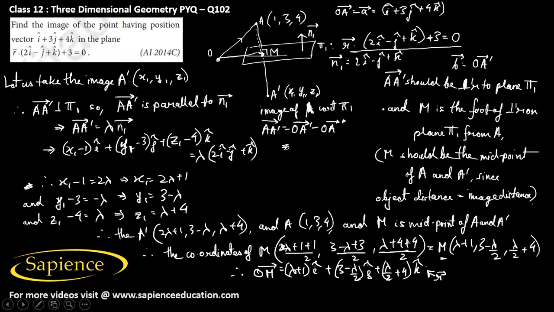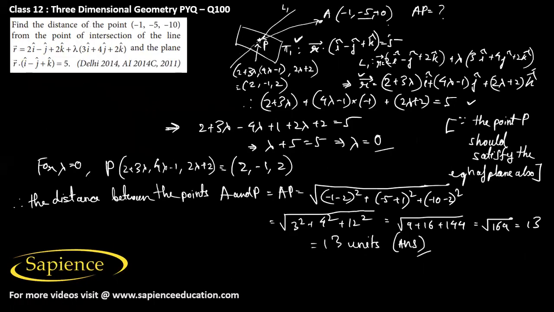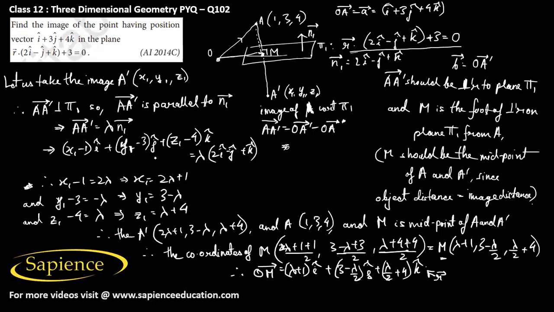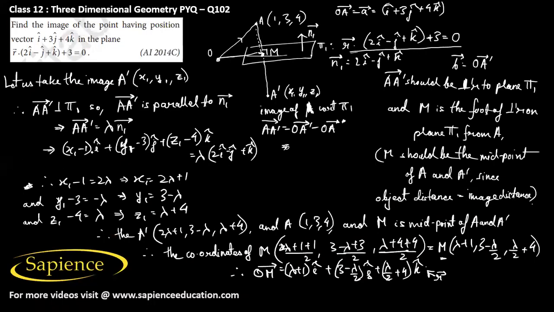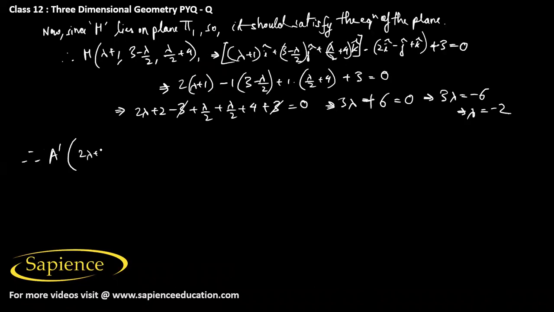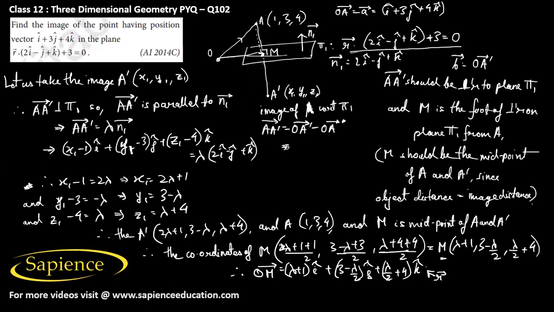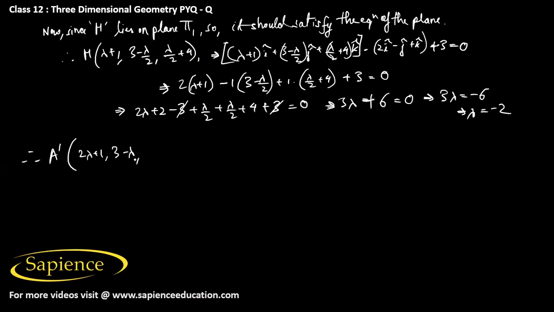Therefore, if we put lambda equal to minus 2, we will get the image point A dash. The point A dash is given as 2 lambda plus 1, comma, 3 minus lambda, comma, lambda plus 4.